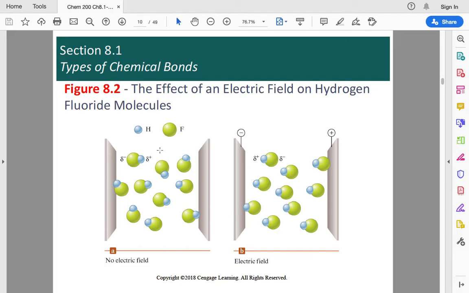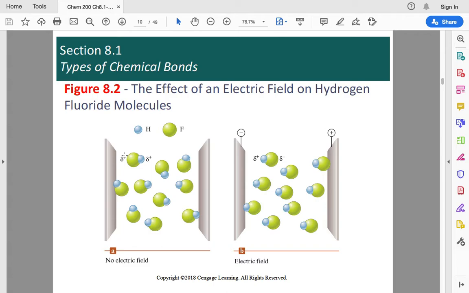What we're showing in this diagram is what happens in an electric field. When we have HF, if you look on your periodic table, hydrogen is all the way on the left-hand side, fluorine is pretty much all the way to the right. We'll find out that the hydrogen will have a slightly positive charge, and we'll talk about what that means, and the fluorine will have a slightly negative charge.